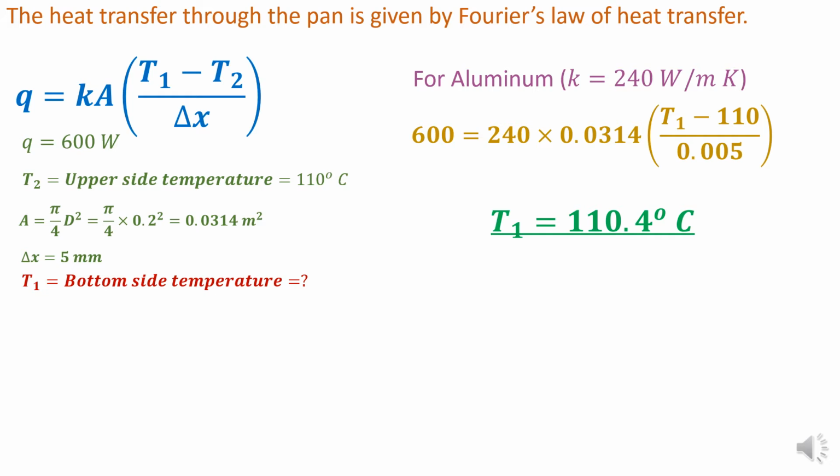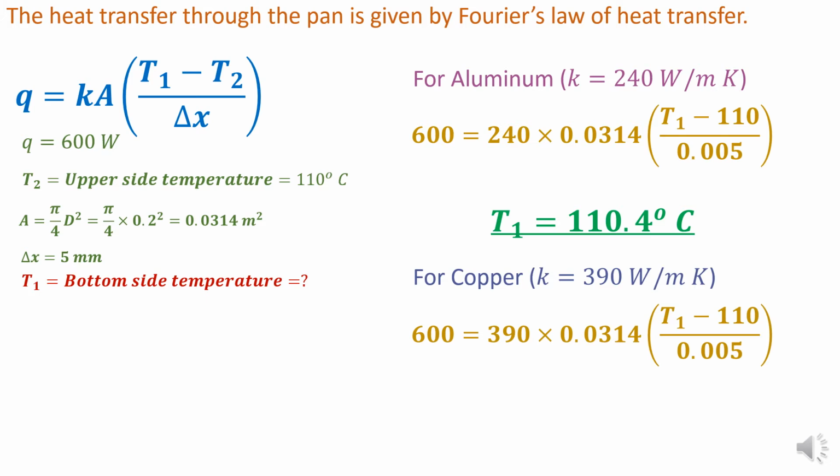Now for copper, which has a thermal conductivity of 390 watt per meter Kelvin, we again solve the equation and find that the bottom side temperature is 110.25 degrees centigrade.